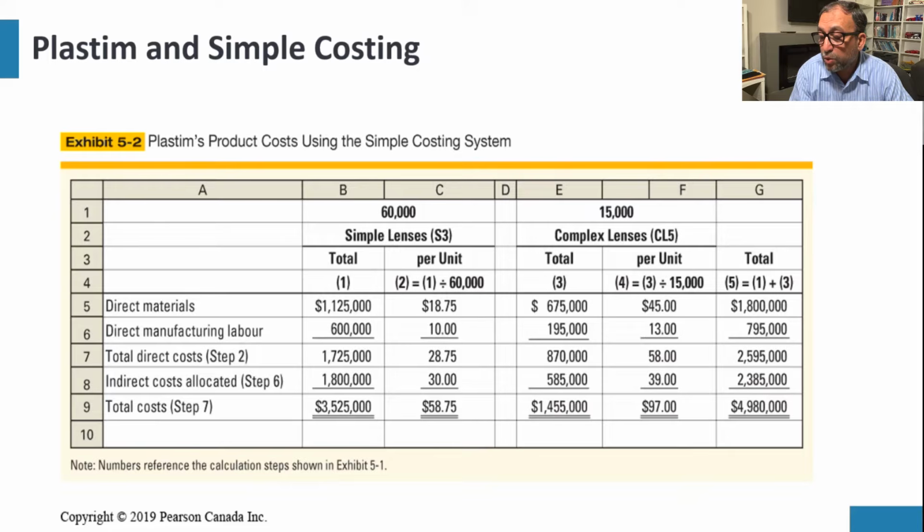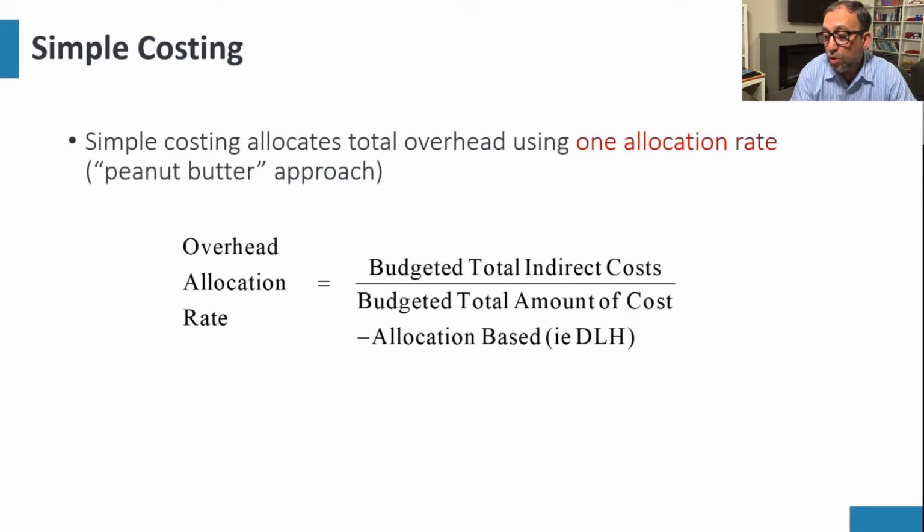The criterion they use is that the indirect cost is $60 per direct labor hour, and they multiply this with the labor hours used by these two products. Simple costing, or standard costing, is also known as the peanut butter approach, because we spread peanut butter over the bread loaf equally. That's why it's called the peanut butter approach: we are spreading the indirect cost evenly over all the products we are producing.